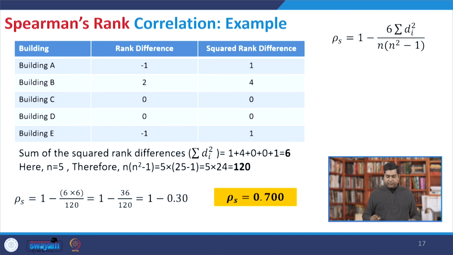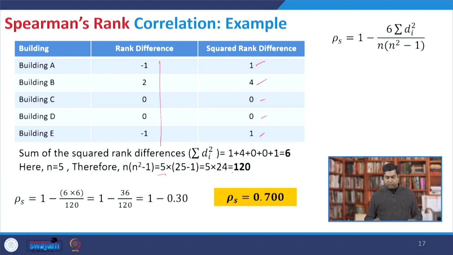So the square of the difference will come in the next slide. This is the difference as previous and this is the square difference, and then we take a summation, which is 6. Then we have to multiply it, so that will be 36, and now the calculation for the denominator, 5 into (square of 5 minus 1), 25 minus 1, so 120. 5 is nothing but the number of observations, in this case 5 buildings.